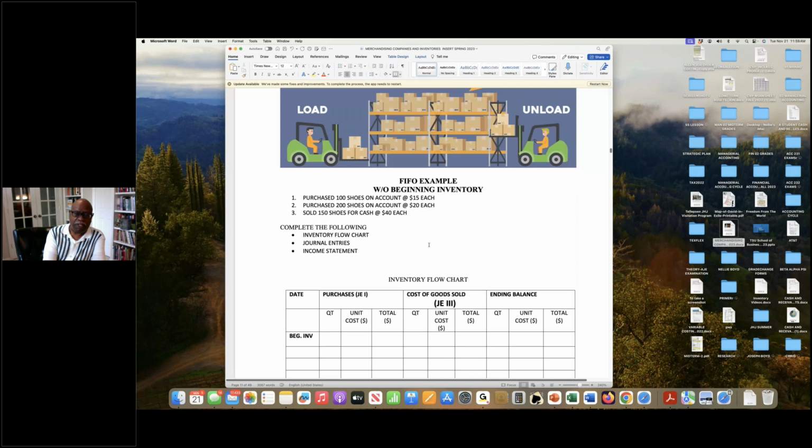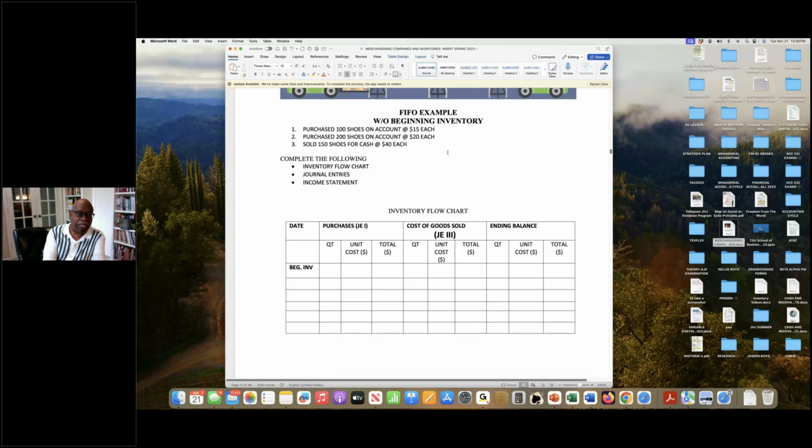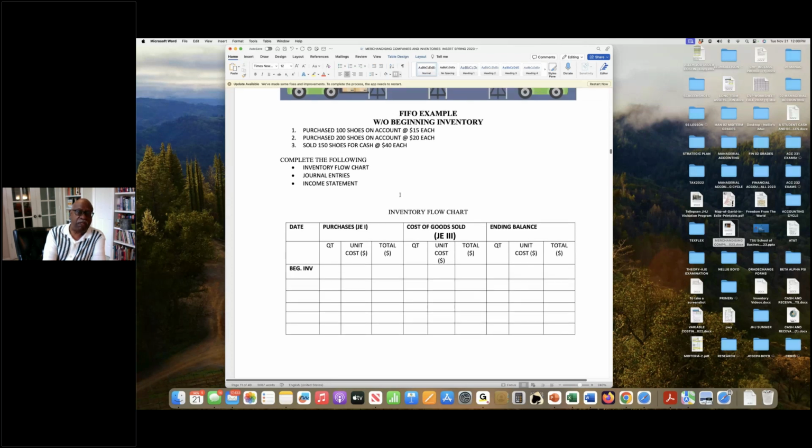We have an inventory flow chart because if we have a lot of transactions, it would be difficult to keep track of them. You see journal entry 1 and journal entry 3, those are the only ones that come on the inventory flow chart. That second journal entry, sales, does not come on this flow chart.